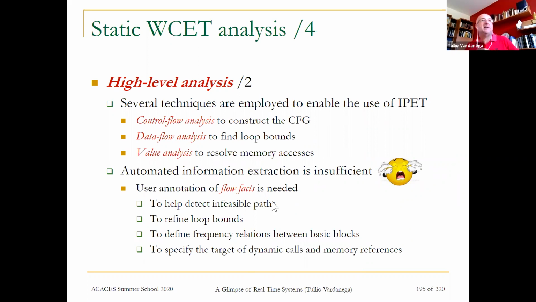So this is a story that is really true. The author of the initial version of the slide was an older student that I supervised as a PhD. As part of his research, he went to an important company that was building very sophisticated real-time systems, and he was there to investigate how we could improve some of the techniques for WCET analysis. And of course, he was looking at a very complex piece of software.